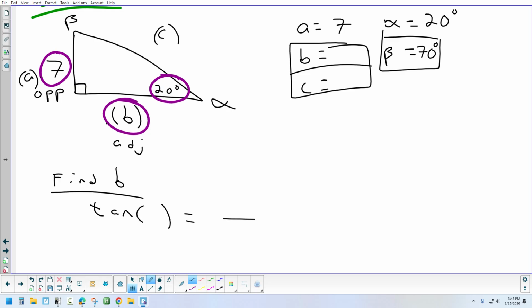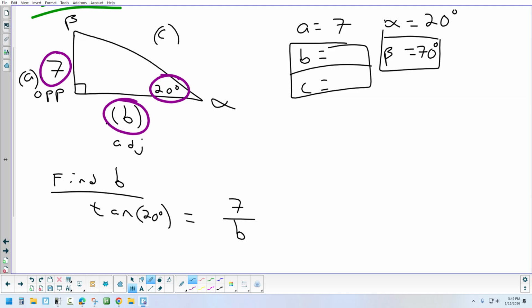All right. Can anybody finish filling out my equation to find B? Yeah. Tangent of 20 degrees equals 7 over B.